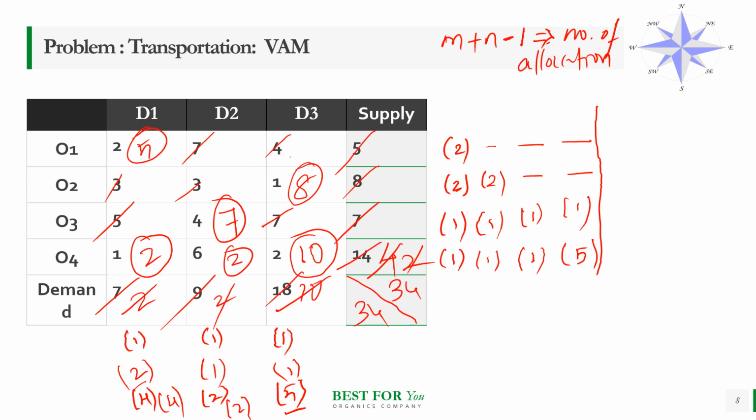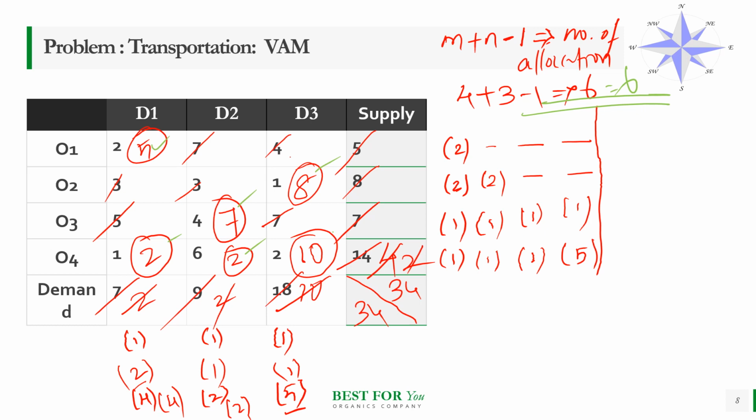First let us see m plus n minus 1. m is 4 plus n is 3 minus 1, which equals 6. Let us count how many allocations we have: 1, 2, 3, 4, 5 and 6. So we have 6 allocations in total. Therefore the solution is non-degenerate.